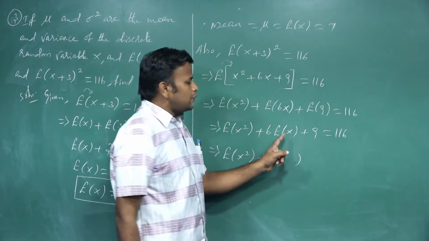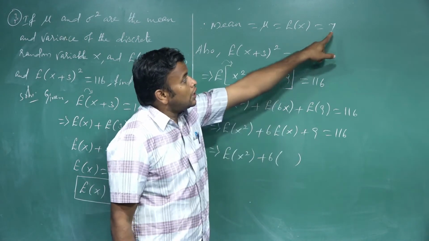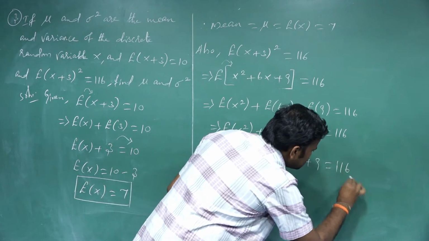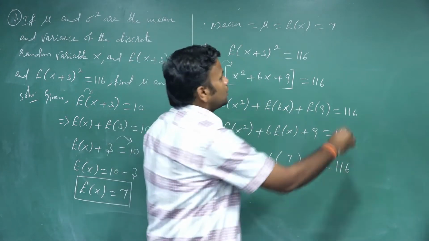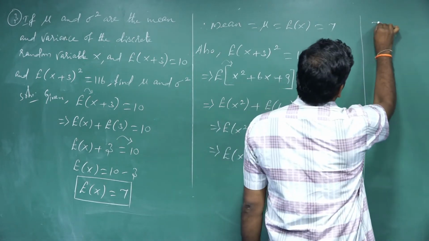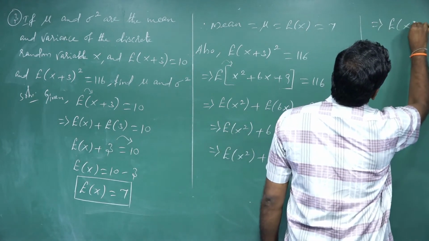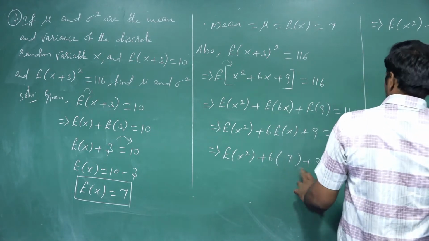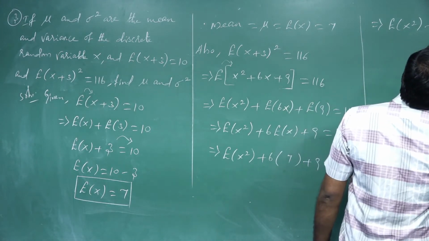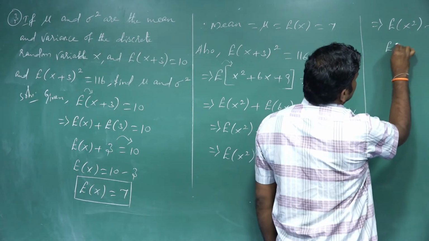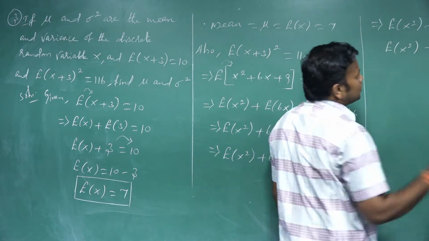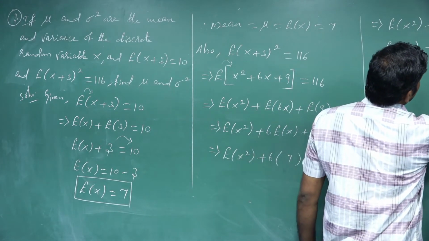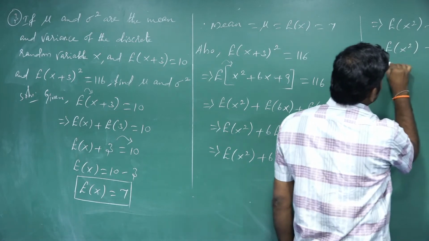We already found that E of X is nothing but the mean. The value of the mean is 7, plus 9 is equal to 116. So E of X square plus 6 sevens are 42, plus 9 is equal to 116. So E of X square plus 42 plus 9 is 51, is equal to 116.